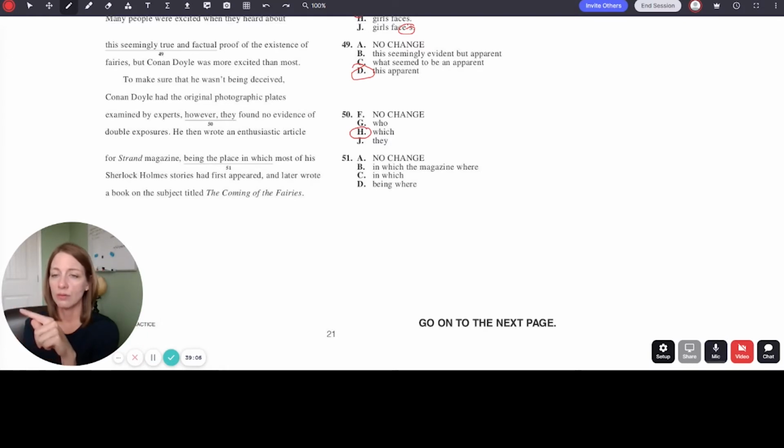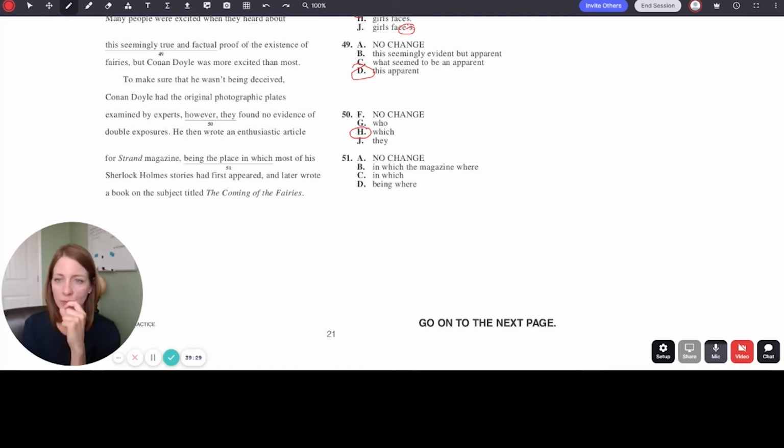Experts who found no evidence. Okay. I'm really debating between G and H. And I've already missed 2 on this test. I really don't need to miss any more. All right.